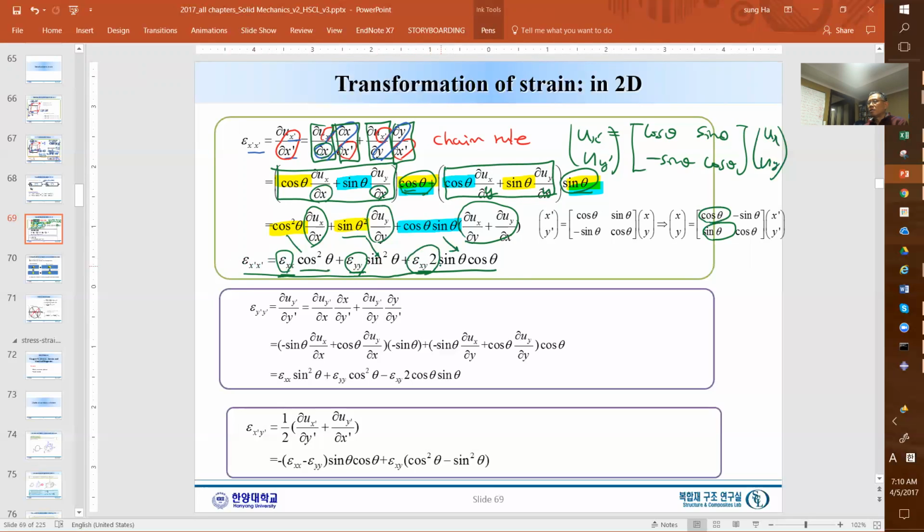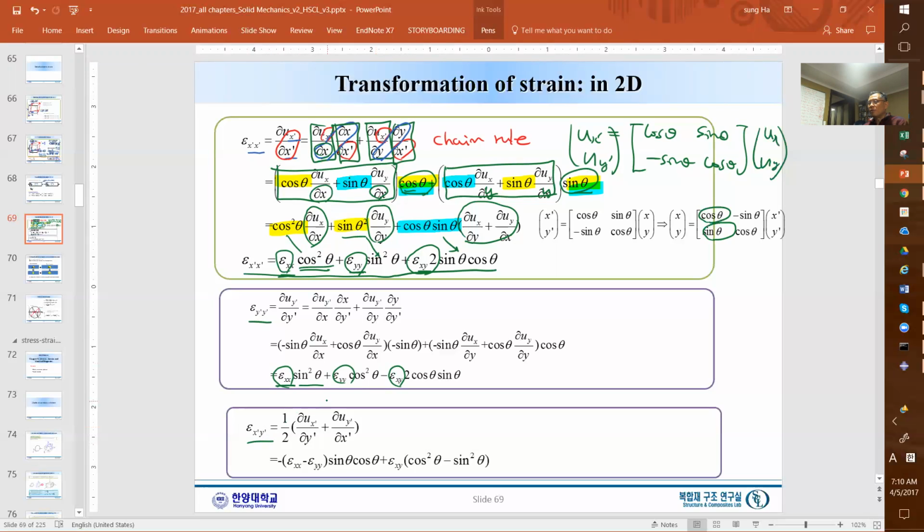So we can easily notice that this is exactly the same as a stress transformation. We can do the same for epsilon yy, and this is the final equation, with epsilon xx, yy, and xy. Notice that we have a sine square here, while here is cosine square.